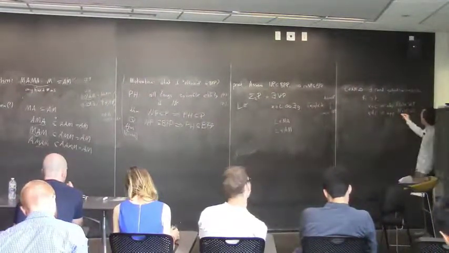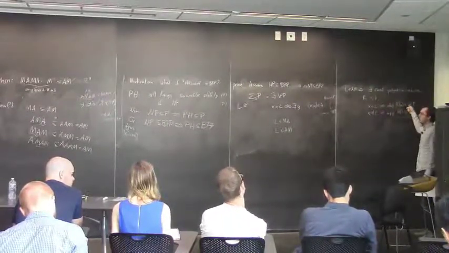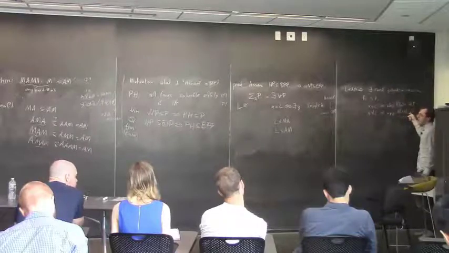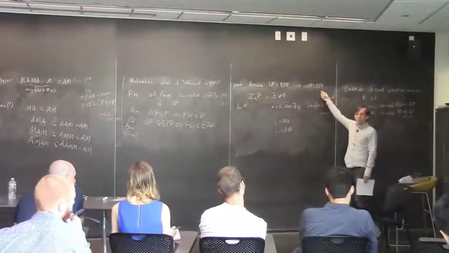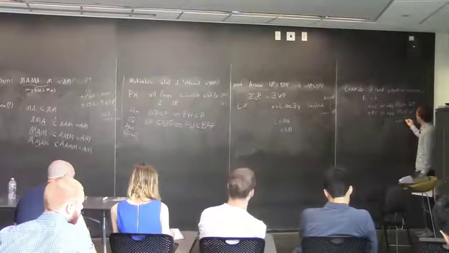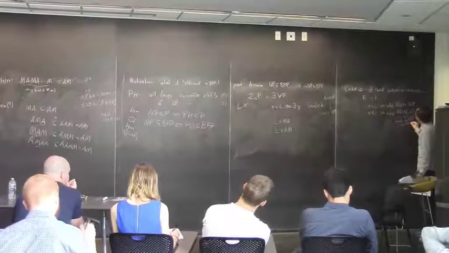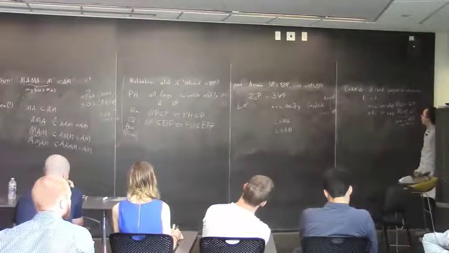But now both these problems, determining whether the output R of X is in SAT or whether it's not in SAT, are in BPP by assumption. So now we're great.